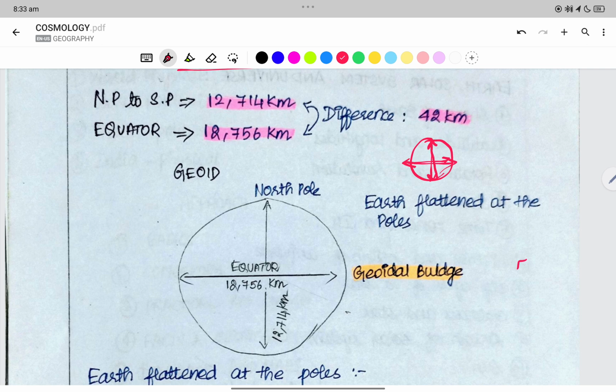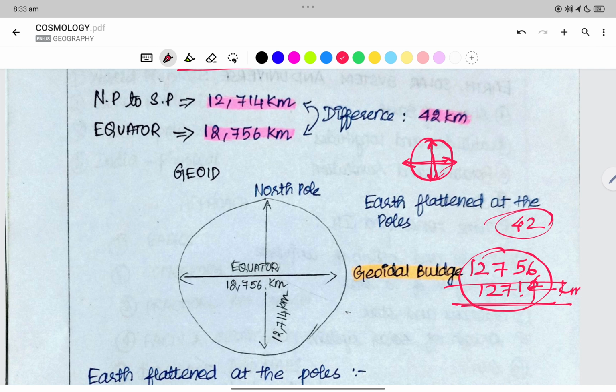So the equator is 12756 kilometers, the pole is 12714 kilometers, and 42 kilometers is the difference. So there is a bulge in the equator of 42 kilometers.